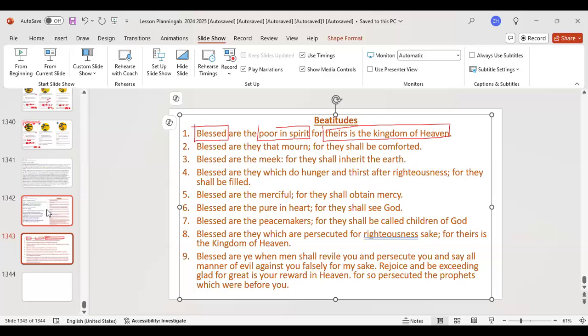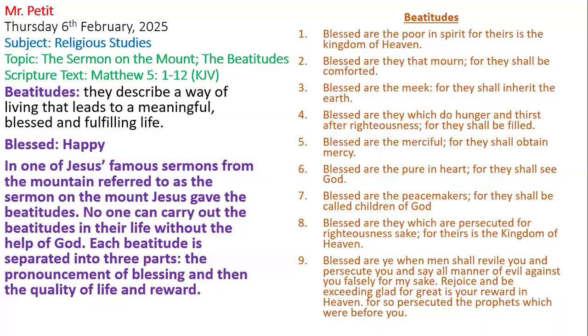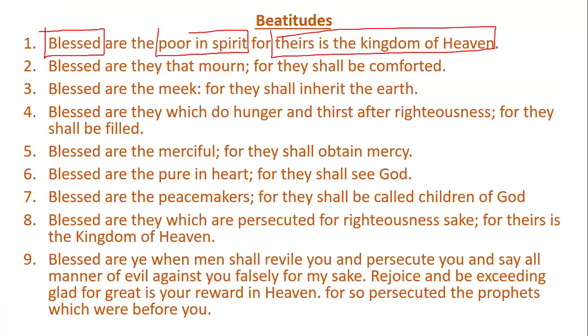So we could separate the Beatitudes into three parts. Each Beatitude, three parts, not two. So please correct that. It's three parts. The blessing, the pronouncement of blessing, the quality of life, and then the reward. All right, so you have blessed, that's the pronouncement of blessing, the quality of life, poor in spirit, the reward, the kingdom of heaven.